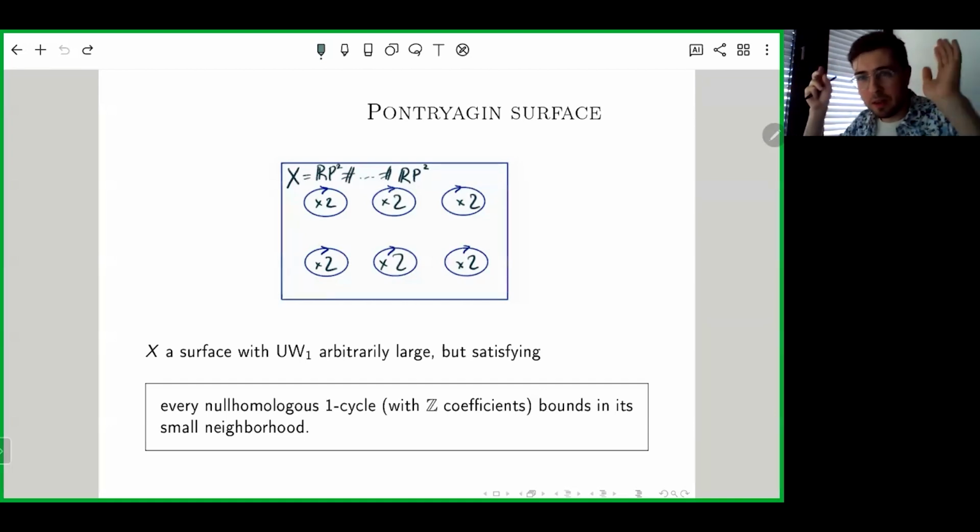And you'll get counterexamples for every given coefficient. They're not manifolds anymore, but you'll get counterexamples for every given coefficient. But it's not clear what happens if you require this condition in the box to be true with all coefficients simultaneously. So this is very much not clear to me.